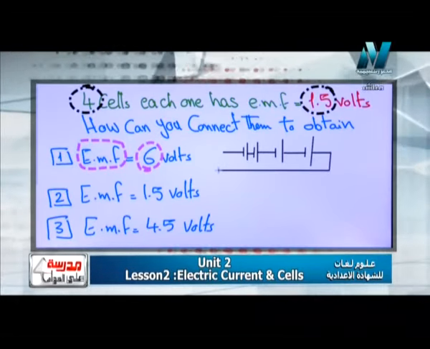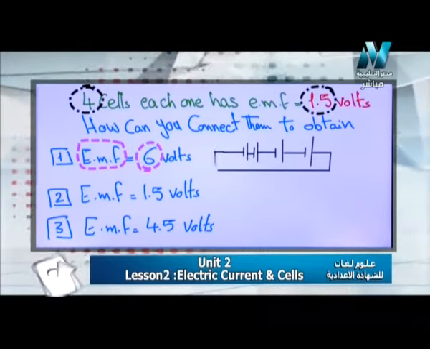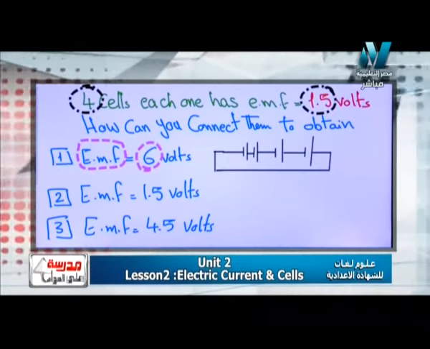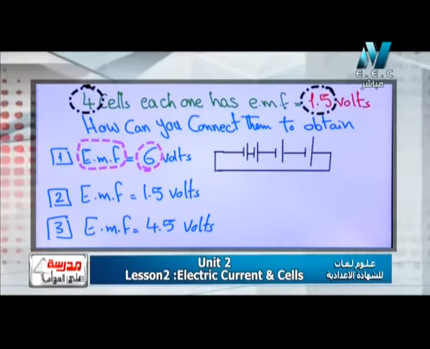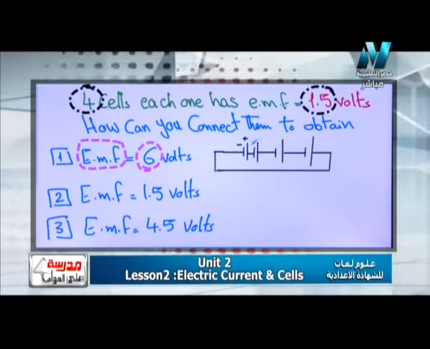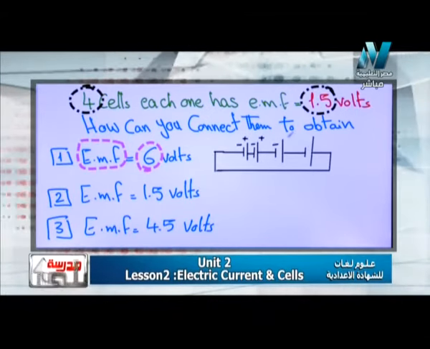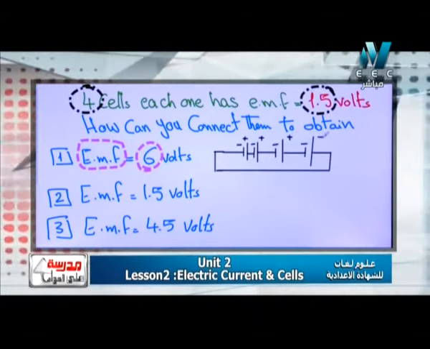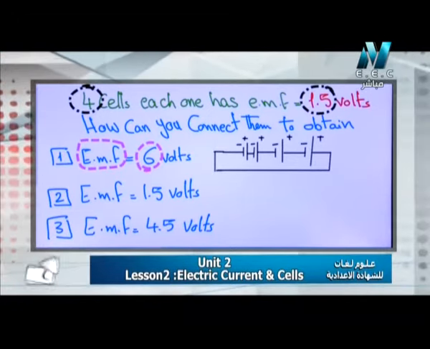So we have to write negative, positive, positive, negative, positive, negative, positive, negative, and positive. In this case, we have 4 cells, each one of them connected in series.